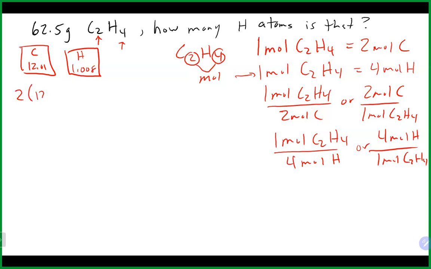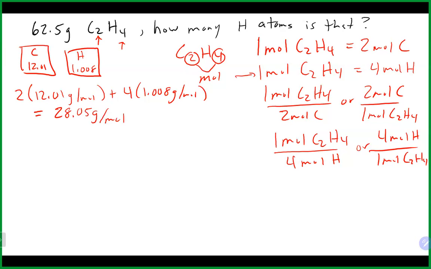There are 2 carbons and there are 4 hydrogens. This gets me 2 times 12.01 plus 4 times 1.008, going to give me a molar mass of 28.05 grams per mole.